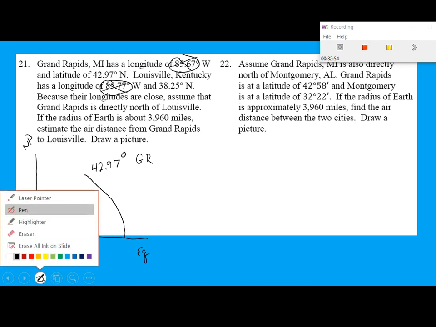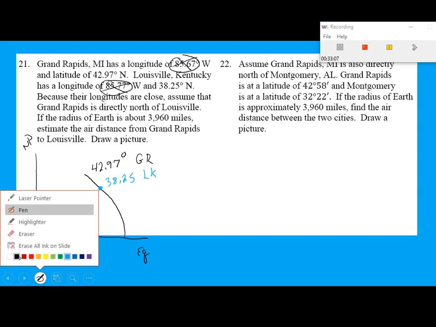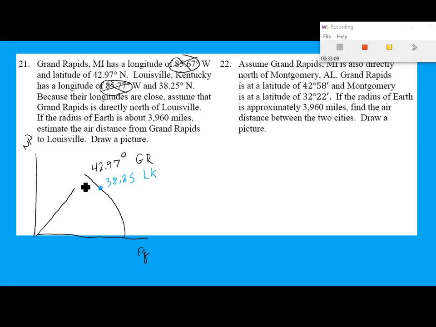Now, I'm going to do the same thing for Louisville. Louisville's at 38.25, so Louisville's going to be 38.25. Well, check out what we have now. I have this little arc right here that I'd like to figure out how far that is.